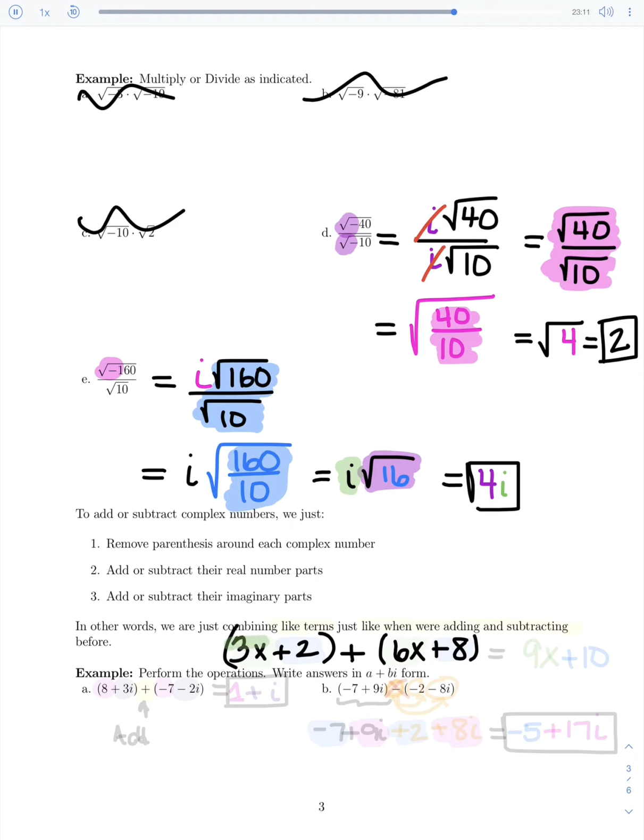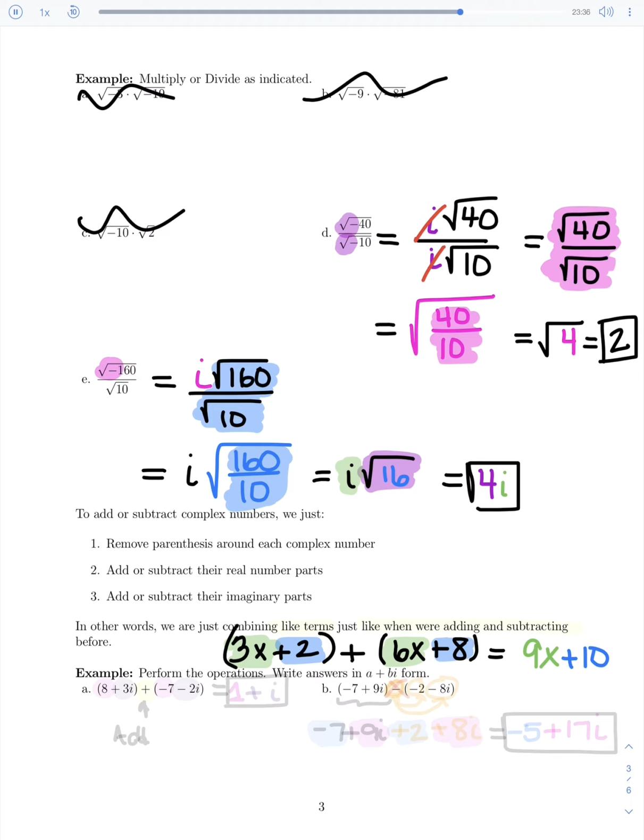Well, we'd add the 3x and the 6x, which would give us a 9x. And we would add the 2 and the 8, which would give us a positive 10. And we would be done. You would not be able to add the 9x and the 10.